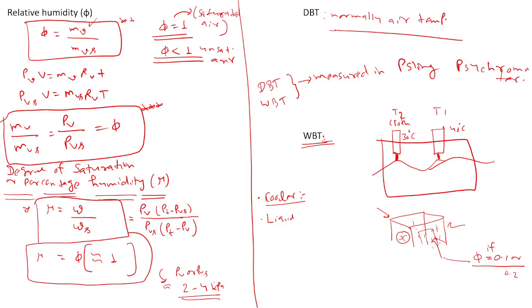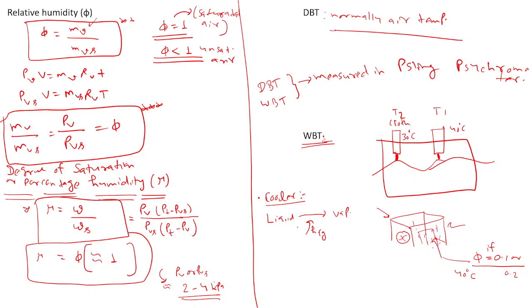When liquid converts to vapor, what happens? It requires latent heat, right? That is hfg. So from where will that latent heat come? From the air. Initially, let's suppose air in Rajasthan is at 40 degrees Celsius, and this water is somewhat cold.